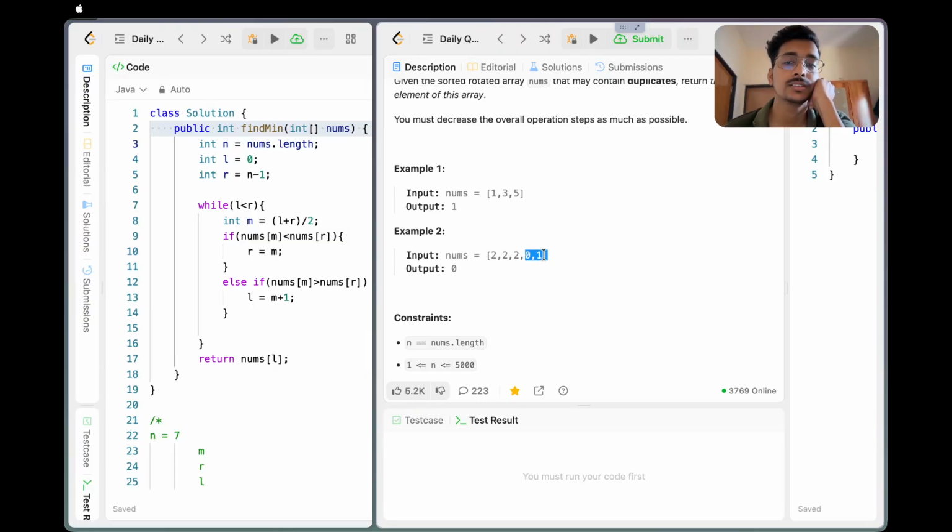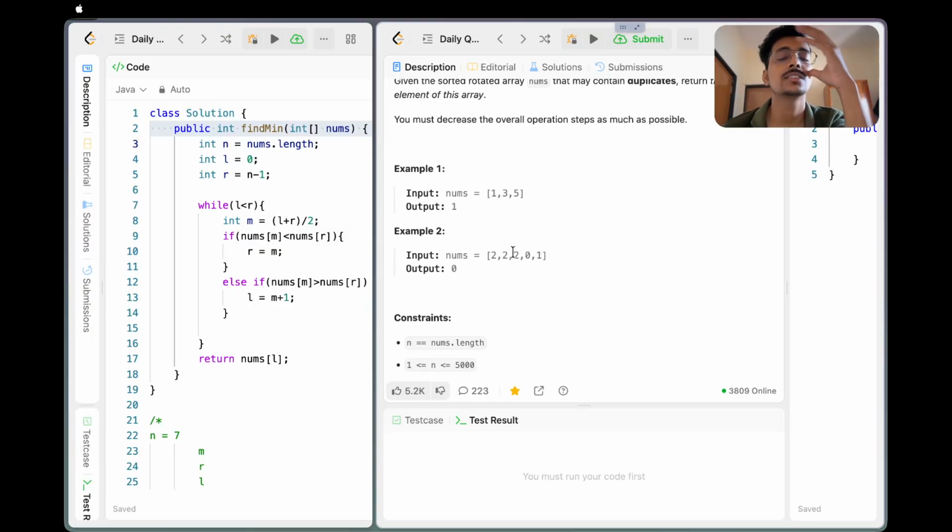Okay, and again it will check for the mid. Mid will be at this point, and mid is less than r, so r will be at this point, and eventually L and R are at the same point, then it will break.